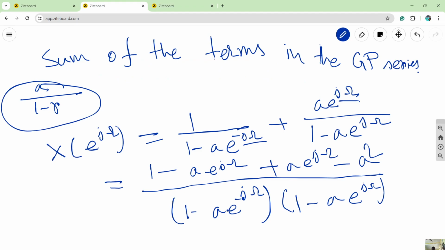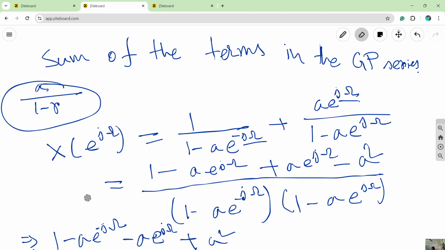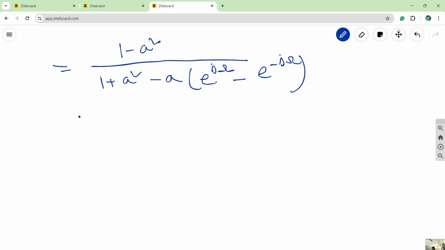We are just multiplying the denominator terms. So what happens is it is 1 minus a e to the power j omega, minus a e to the power minus j omega, and another term is a square. This is the denominator term, and that form is simplified like this.